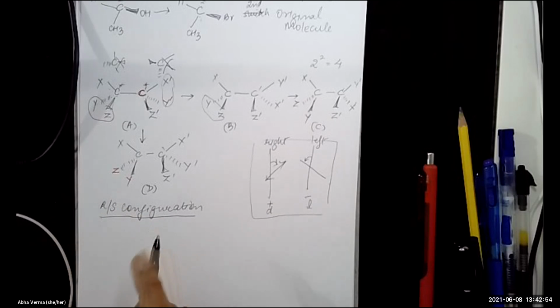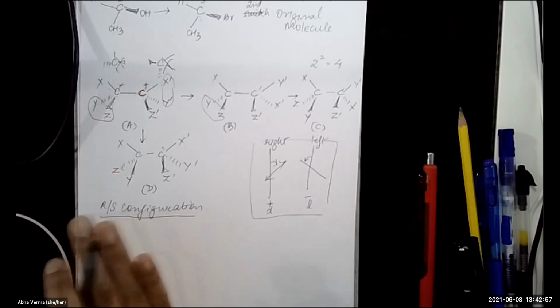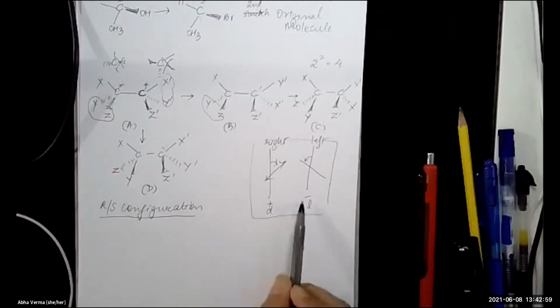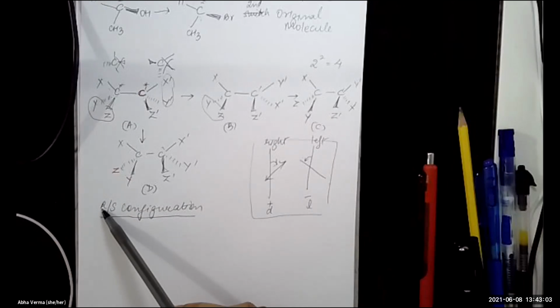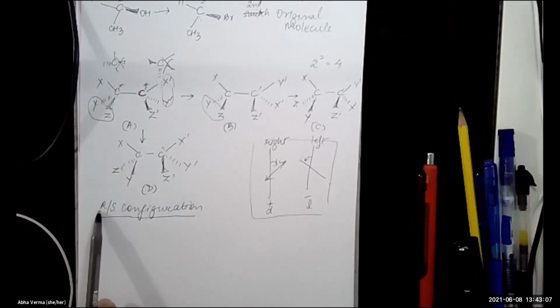One more thing that you have to remember, R and S have no correlation with plus and minus. There is no correlation. If in one enantiomer R is negative, in the other enantiomer the R may be positive. Okay, so there is no correlation between these two.